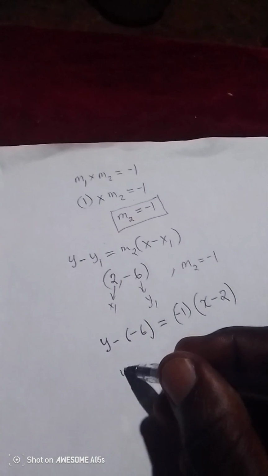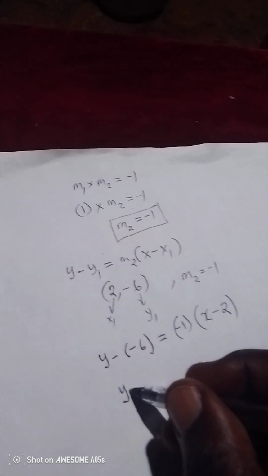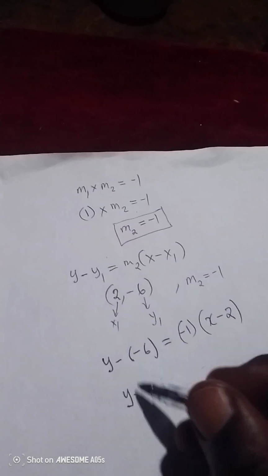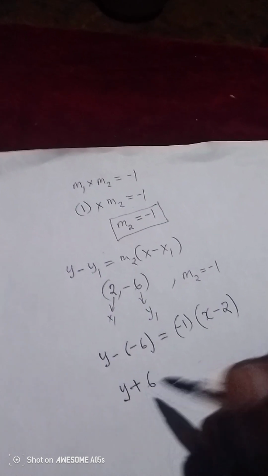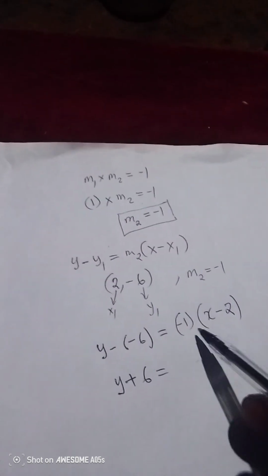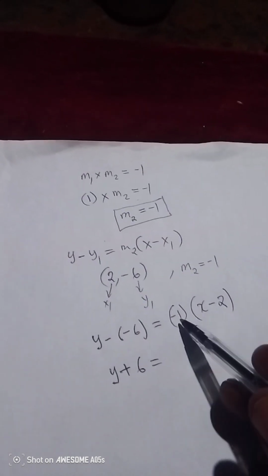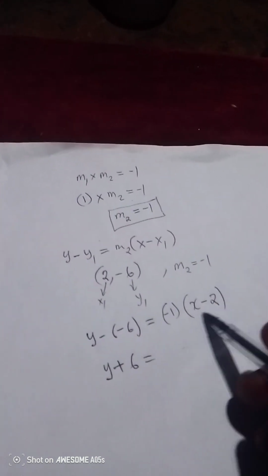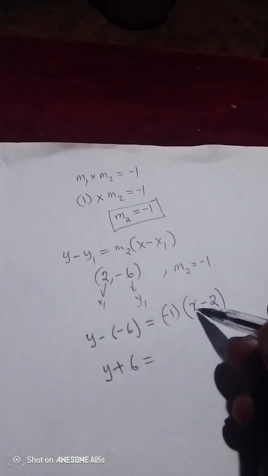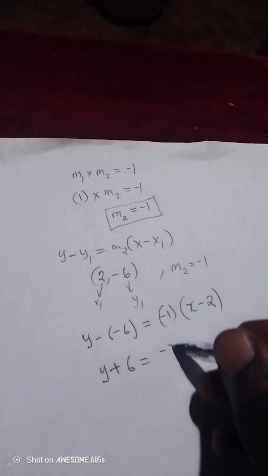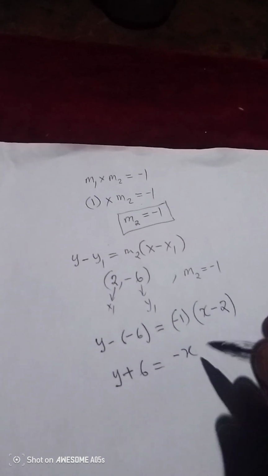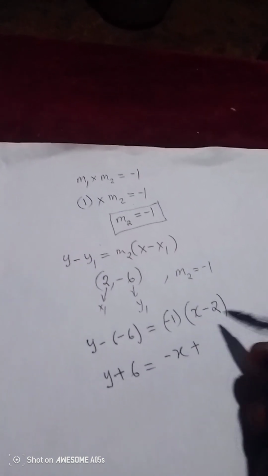At this point, I'll say y, and I'll multiply the negative and the negative to get the positive. Then this number is outside, so it should be expanded to this bracket. So negative times x, it will be negative x. Negative times negative, it will be positive. 1 times 2, it is 2.